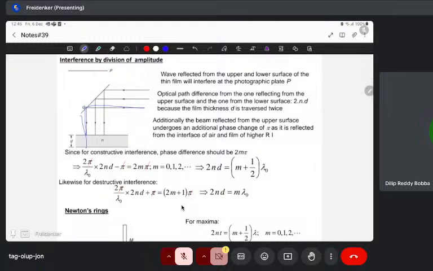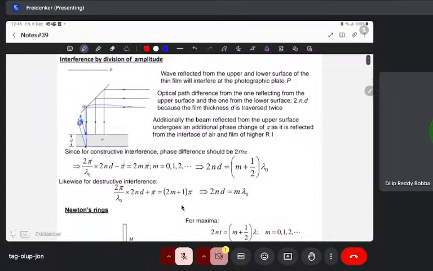After getting inside, one more time reflection will happen. So these two rays will interfere with one another. It's called division of amplitude because when at the top surface some reflection happens, the amplitude changes, right? So some amplitude is reflected back, some amplitude is allowed to get transmitted. Same story here also. So finally these two will interfere, and then we'll be able to see. Fine, that is interference by division of amplitude.